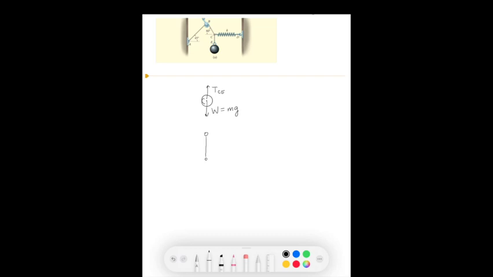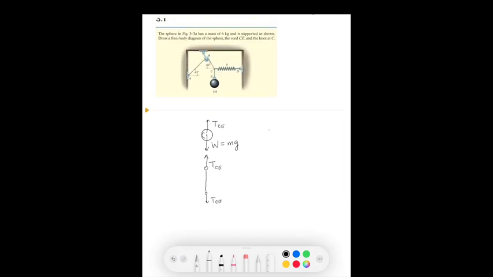Now if we draw a free body diagram for the cord, that's CE, we see that there's on each end a hook or an attachment. And we know that the tension force TCE is pulling in opposite directions. And finally, if we draw a free body diagram for the attachment at point C, we know that again the force is pulling down, that tension from the cord CE. We know that the spring is pulling directly to the right, and I'll call that the force CD, and that's equal to the spring constant times how far the spring stretches.